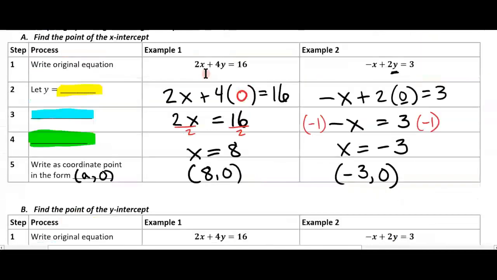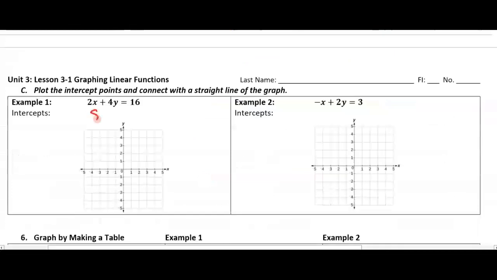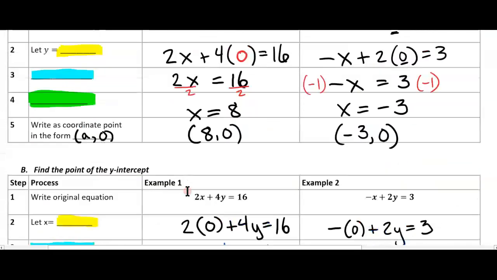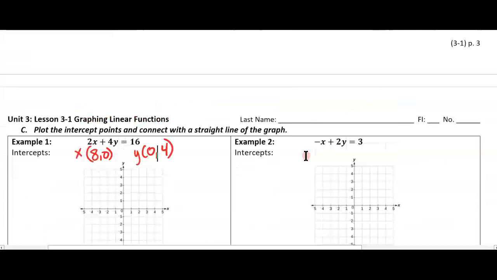So I'm going to bring those down. Example 1, I have (8, 0) and (0, 4). So (8, 0) is my x-intercept. (0, 4) is my y-intercept. In example 2, I have (-3, 0) and (0, 1.5).